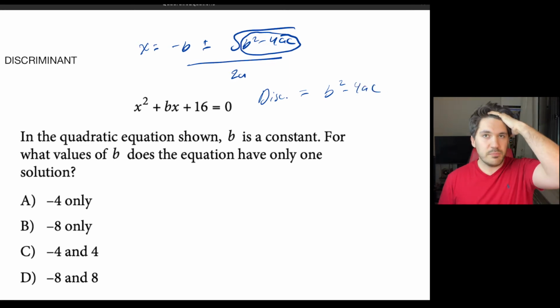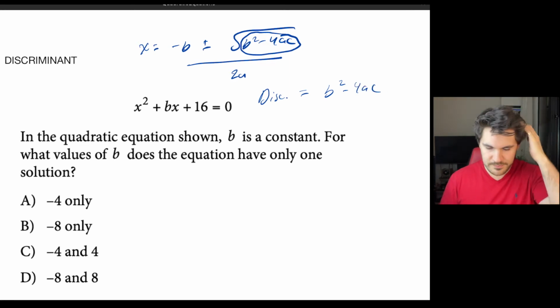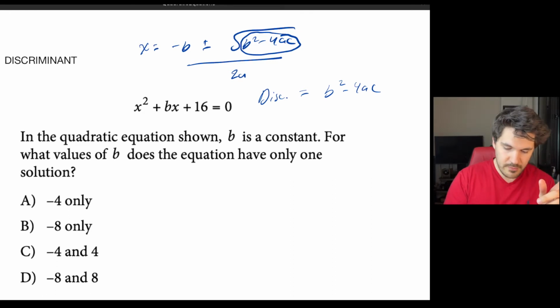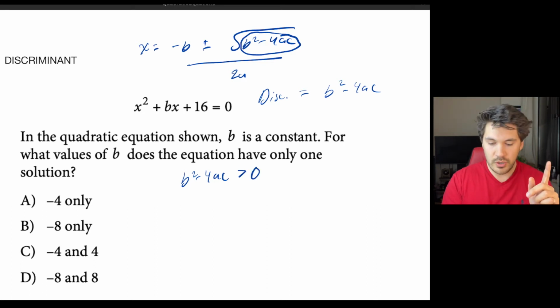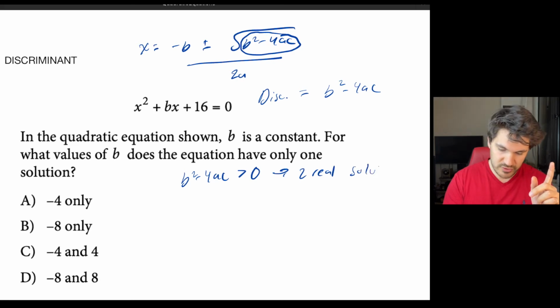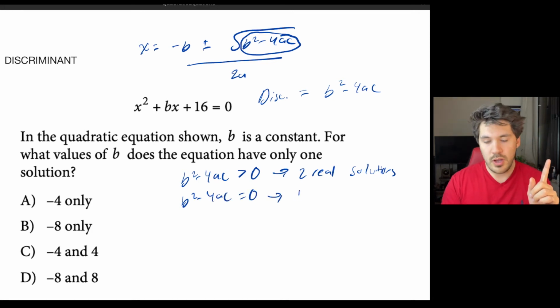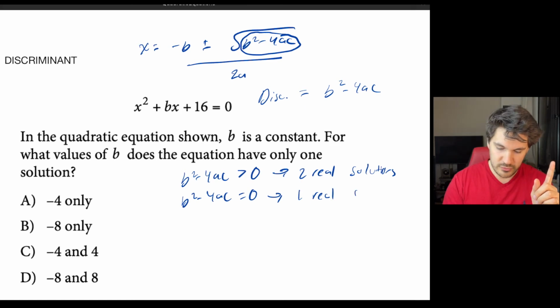And there are a few important rules associated with it. If b squared minus 4ac is bigger than 0, you are going to have two real solutions. If b squared minus 4ac is equal to 0, you're going to have one real solution.